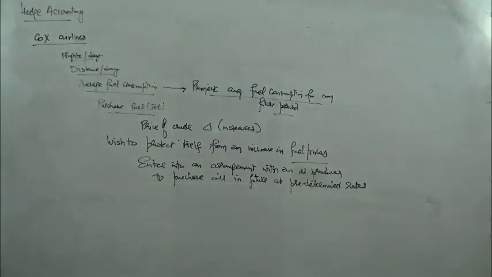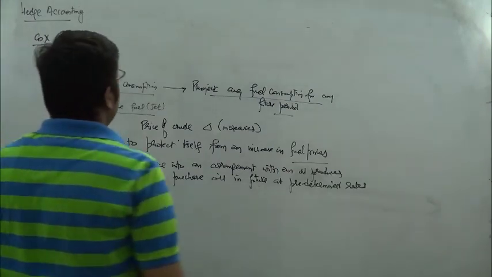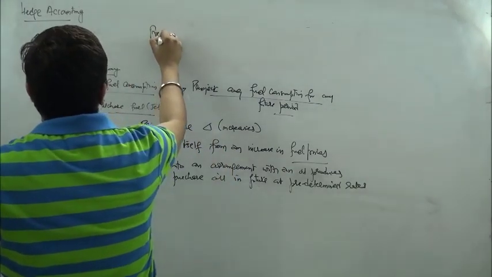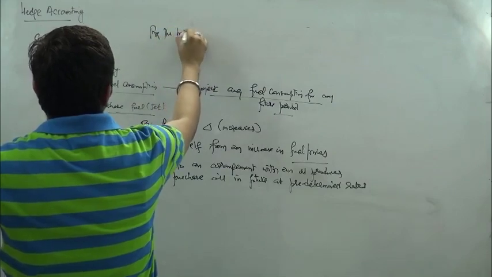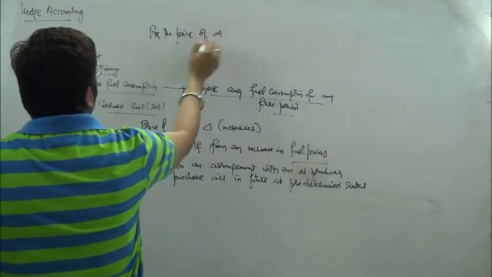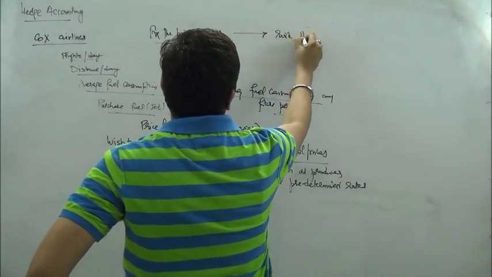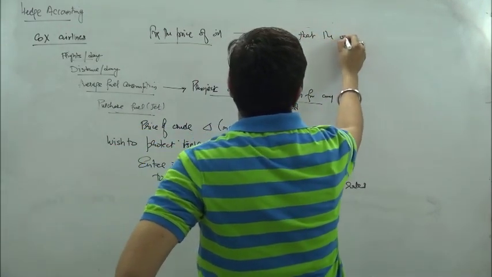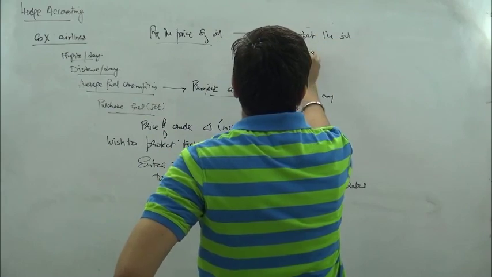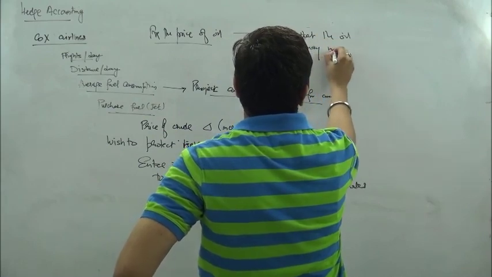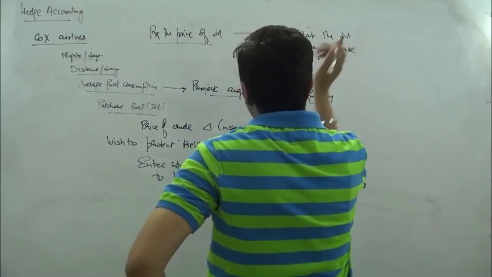Logical enough, right? So when I say I'm looking at this kind of an arrangement, in a way I'm trying to fix the price of oil because there is a risk that the oil prices may increase.